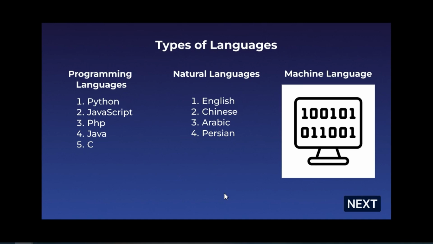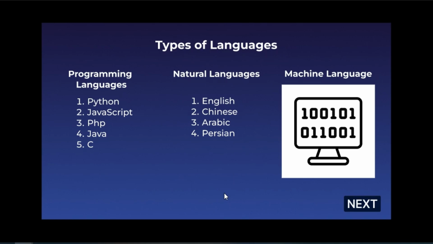Now, there are different types of languages. We have programming languages, which we just went through. So there are programming languages, natural languages, and machine language. Natural languages are the first thing that we understand.